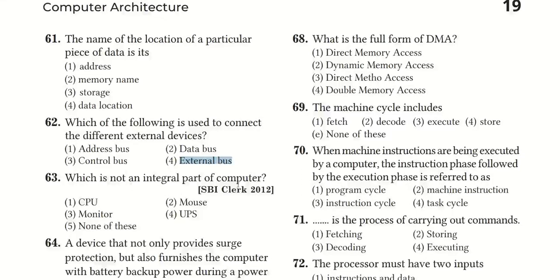So first we should know what the integral parts of the computer are, like CPU, mouse and monitor, whereas UPS is not an integral part of the computer. It is an external power source.